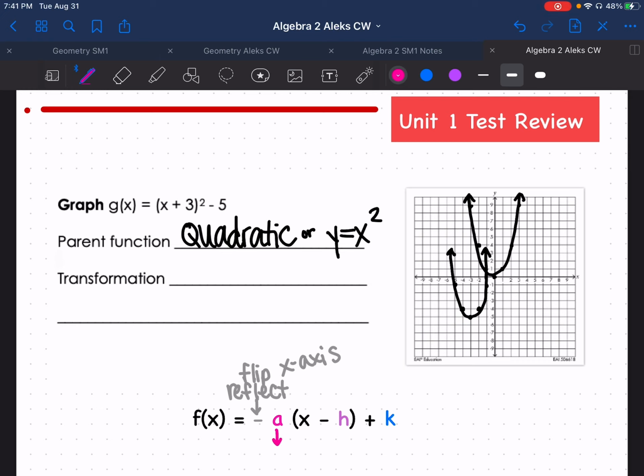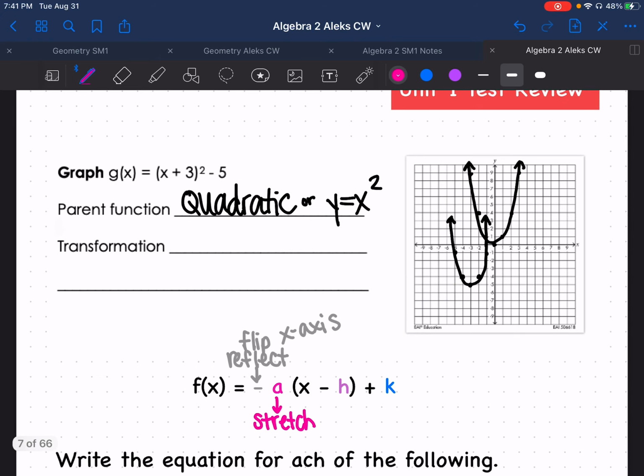If there is a number right here after the negative sign or after the equal sign, then you should see words like stretched or stretching or stretched by, or compressed or compressing.